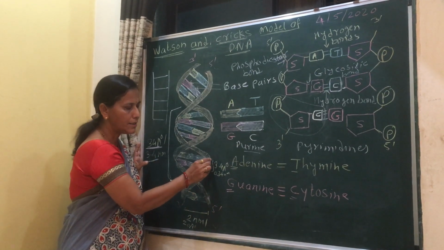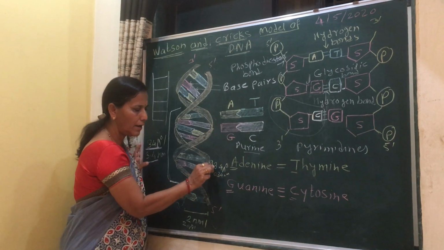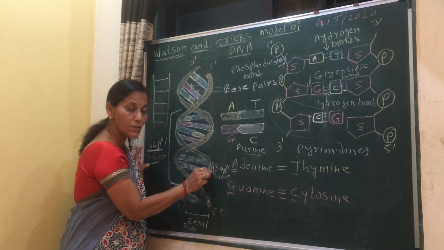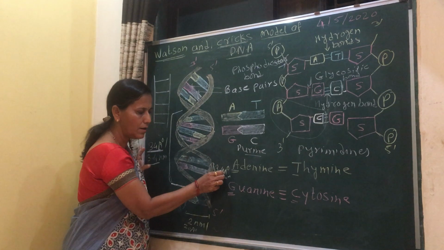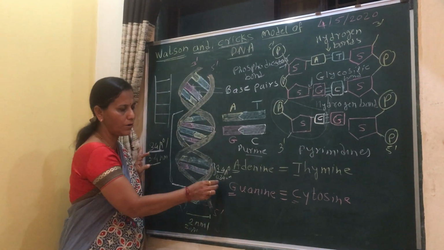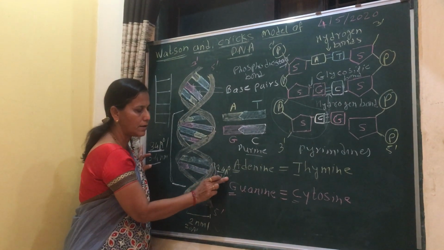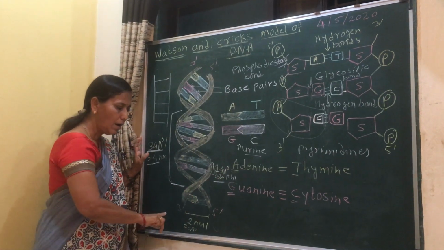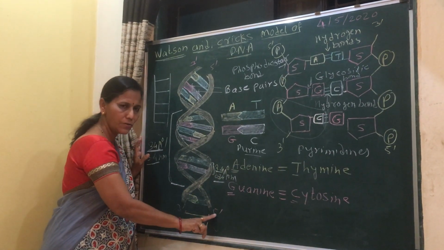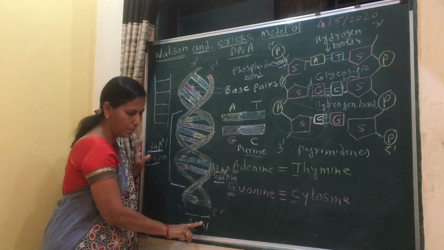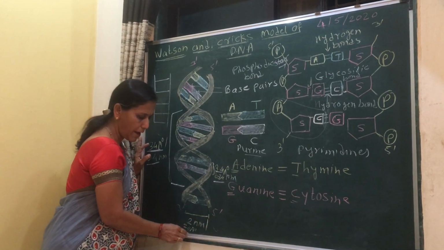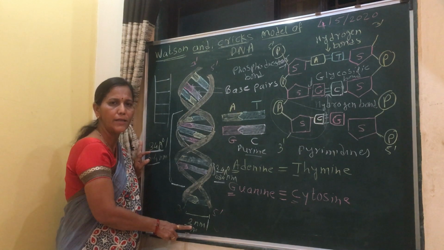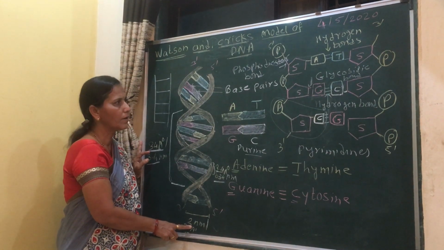So, the distance between two successive nitrogen base pairs is 3.4 angstrom units or 0.34 nanometer. Then the diameter of DNA is constant. It is 2 nanometers, or in angstroms, 20 angstrom units.